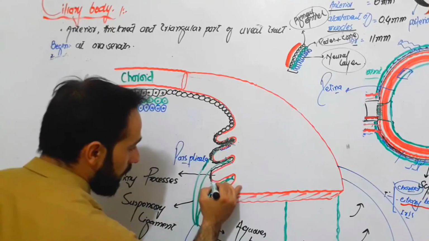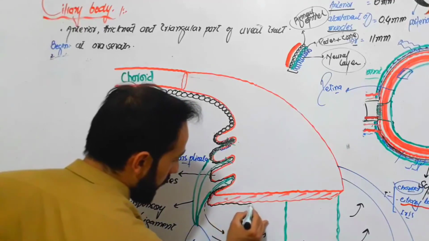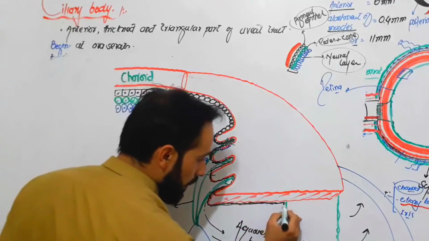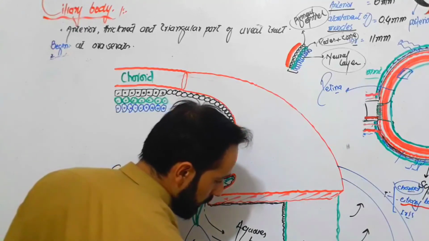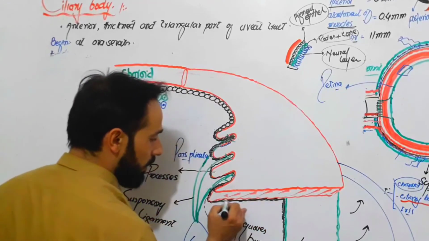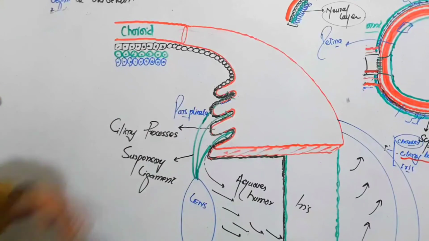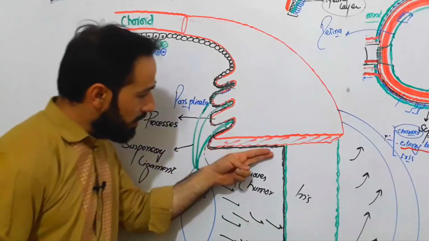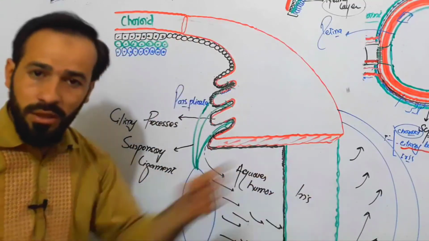This is the retinal pigment epithelium, and then it comes forward over the short base of the ciliary body, and then to the posterior part of the iris also, and then goes a little bit anteriorly. We will see it while we discuss the structure of the iris. So this retinal pigment epithelium moves over the pars plana or the pars plicata, the basal part, and the posterior part of the iris also. So it will continue like that.